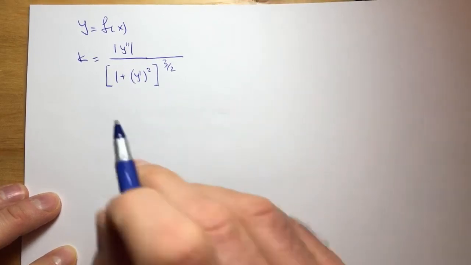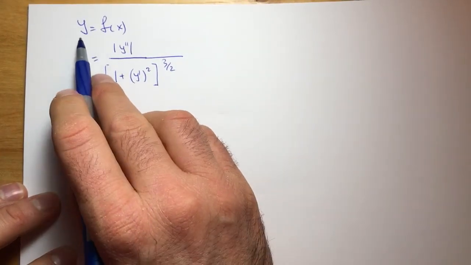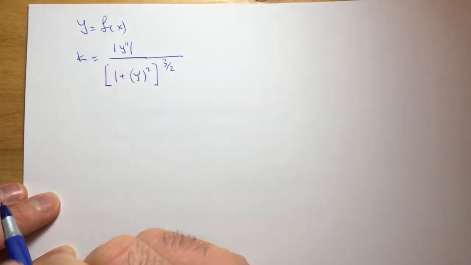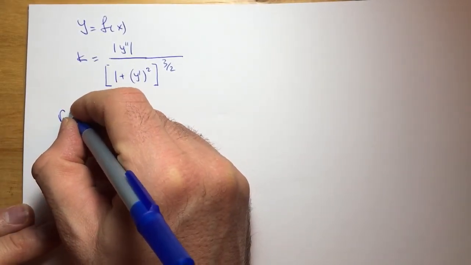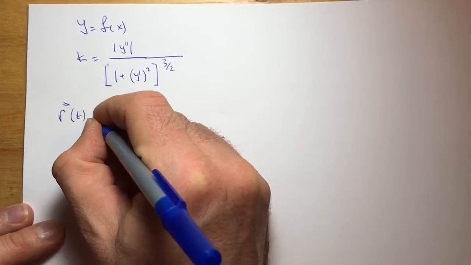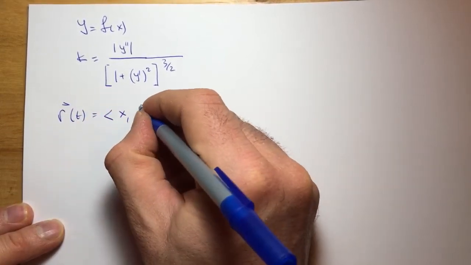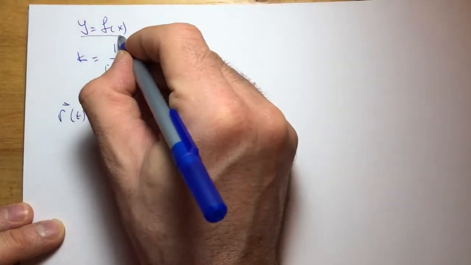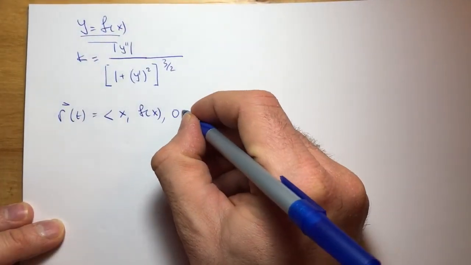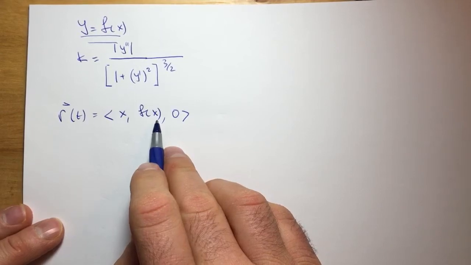If we are talking about a plane curve y is equal to f of x, that means that I can parameterize that curve as x, f of x. The y component is f of x, and the z component is 0 because we are in the xy plane.